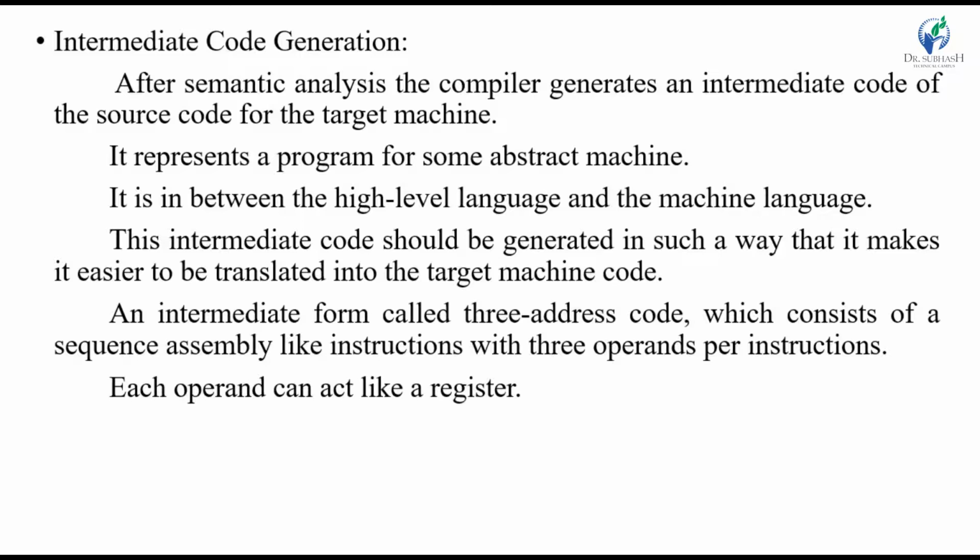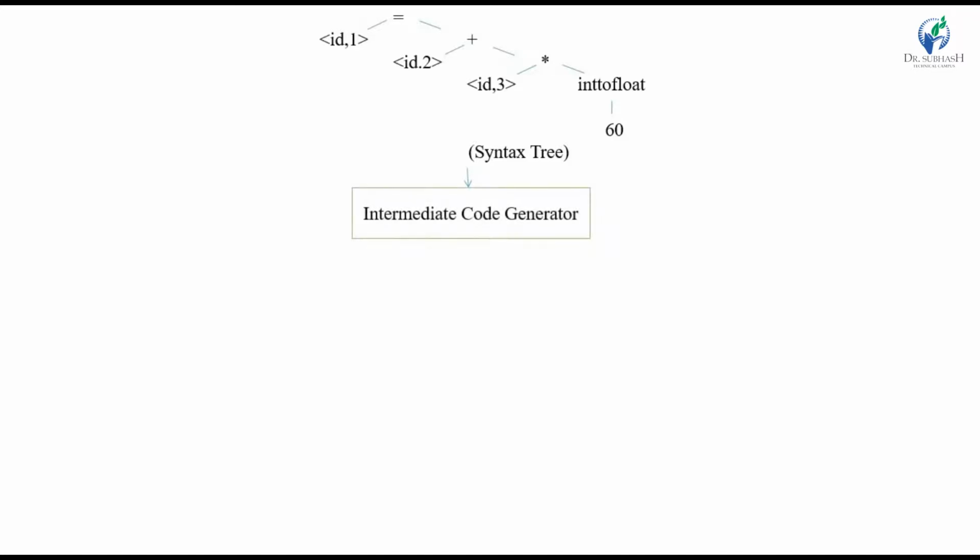So in between 3 operands, you can use a maximum of 2 operators. So from the Semantic Analyzer output, it can generate the intermediate code.